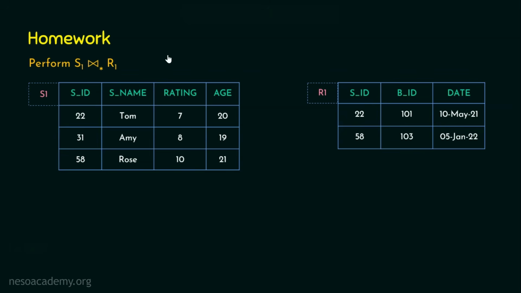Now in this case, if you perform S1 natural join R1, what will be the output? How many rows will be there when we apply the natural join between S1 and R1? Just perform this natural join and please let me know in the comment section how many rows you will be having in the output relation. Use some creativity so that you can share this output itself in the comment section.